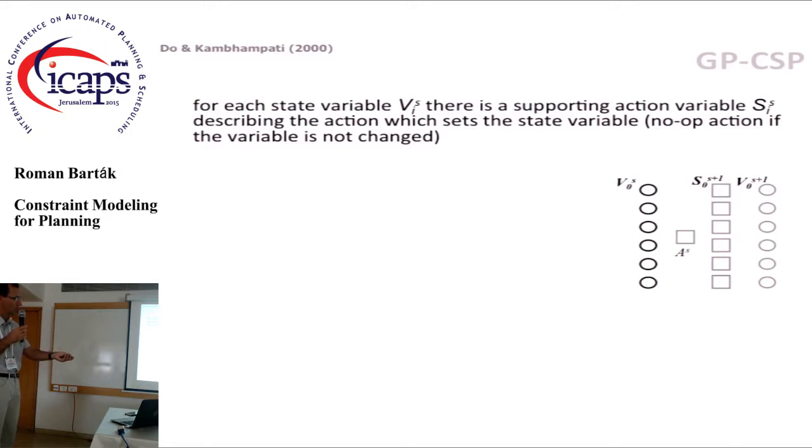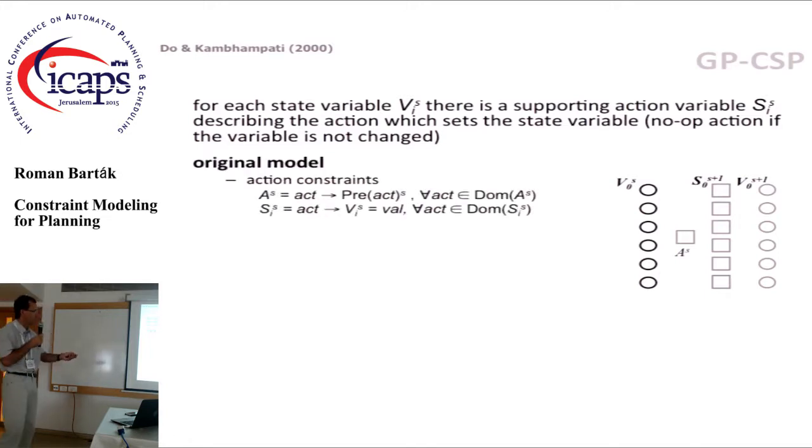Then they need to connect all these action variables to the real action, which means that all of these will be no-ops, but one action will be there. And of course, then they define the preconditions for this action only, right? So in the original model, it looks like this. The precondition is defined for this action using the implication.